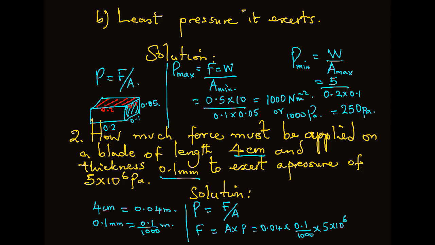When worked out, this gives 0.1 multiplied by 0.04 multiplied by 5, then multiplied by 1000.